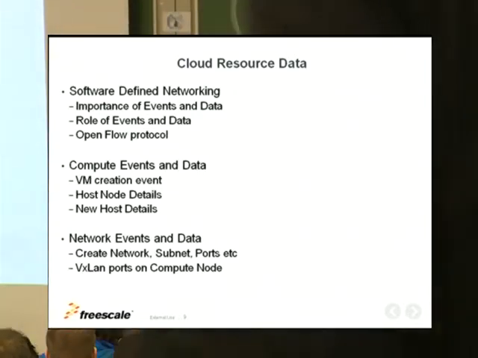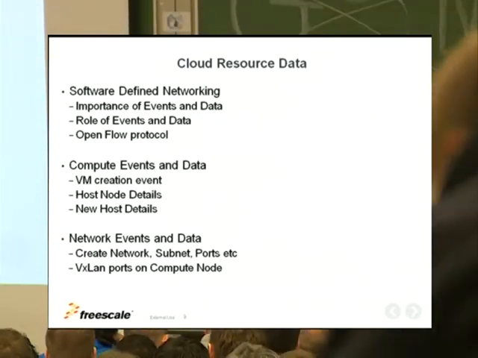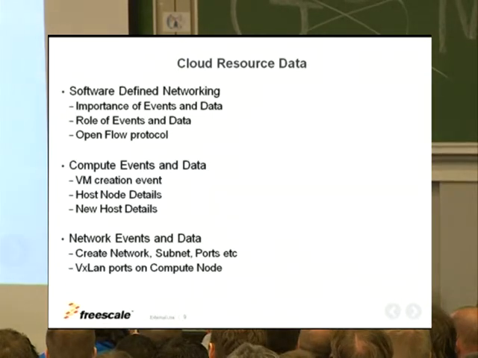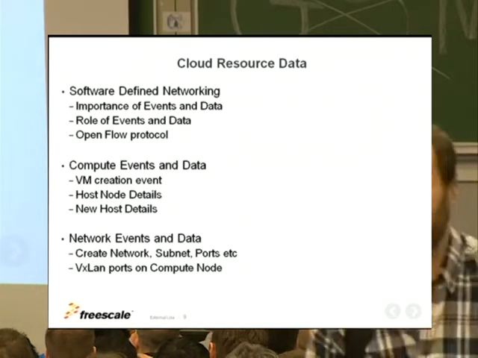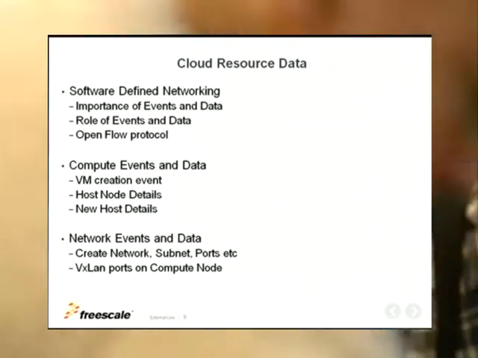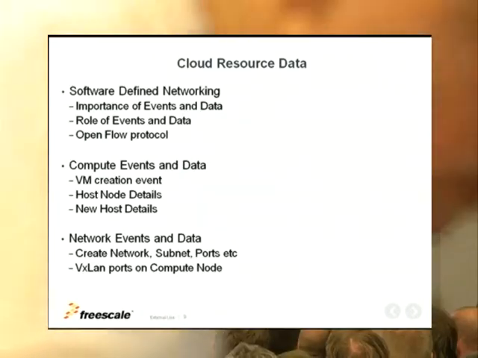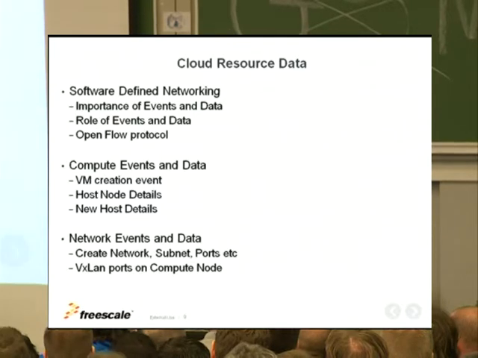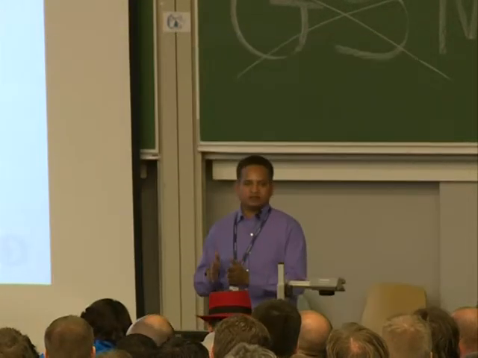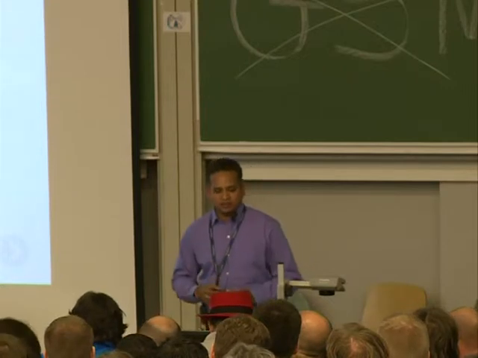The real meaning of software defined networking is that we have to program the network. And how do we program the network? We need the data which is required, and we want to use the data in a specific manner, based on our requirements, based on the tenant requirements. For example, scaling up the network services, scaling down the network services.